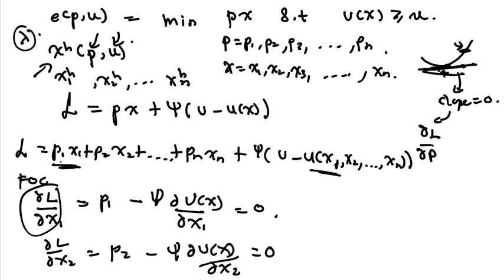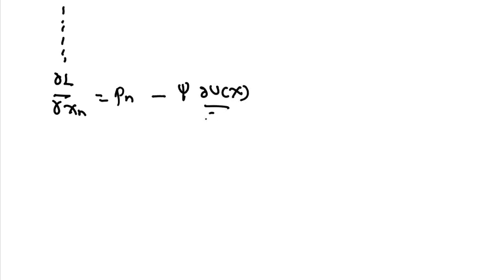Until you do more and more here, until you get dL over dxn equal to pn minus C delta ux over delta xn equals to 0.